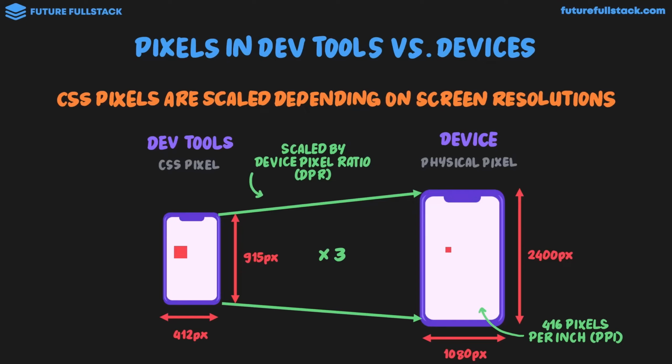So what this means is if we have a font size set as 10 pixels in our CSS code, in DevTools, that would have a fixed width of 10 times 1/96 of an inch. And then in the device, to get that exact font size, the browser works out we need to multiply the number of physical pixels in the device in order to achieve that CSS font size.